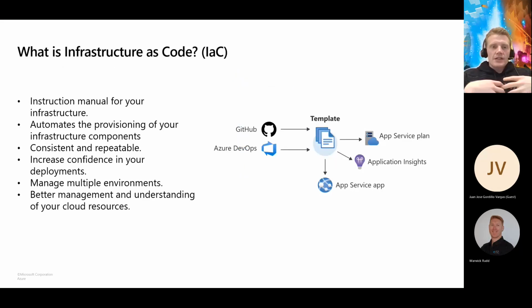So let's start off our discussion by defining what infrastructure as code is. Essentially, you can think of infrastructure as code as an instruction manual for your infrastructure. It details the end configuration for your resources and how we're going to reach that end configuration state. So you'll define in your infrastructure code, okay, I want a Cosmos DB account.